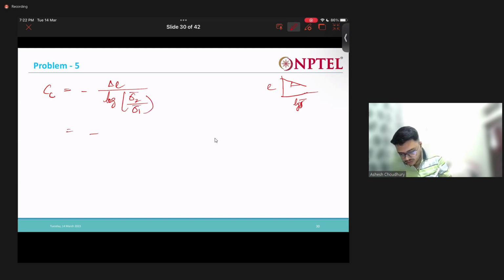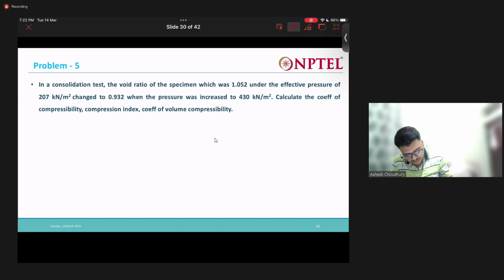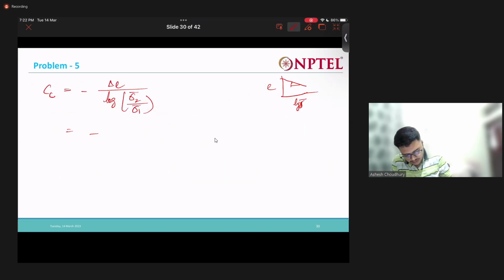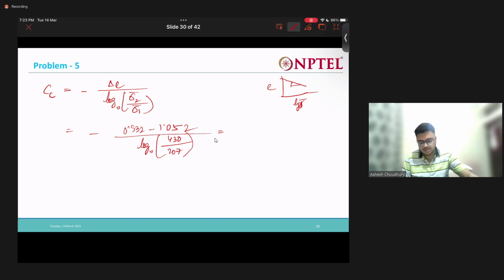If we put the values, minus 1.052 minus 0.932, log base 10 of 430 by 207. Okay, so this is my compression index.